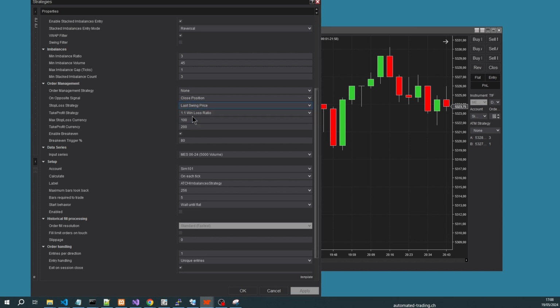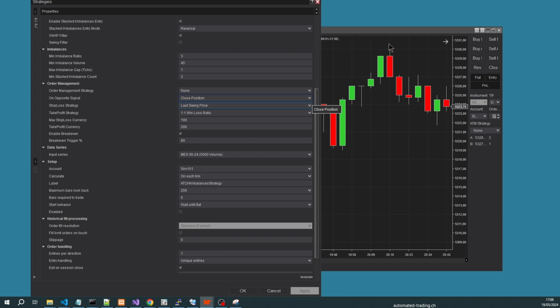So if you select the last swing price and you set the entry mode to reversal, it doesn't work well because the swing that the strategy will look for a sell entry will be the last high swing. But if we are in a reversal mode, then we may be in a higher high and the strategy will not find another higher high that is higher than the entry price.